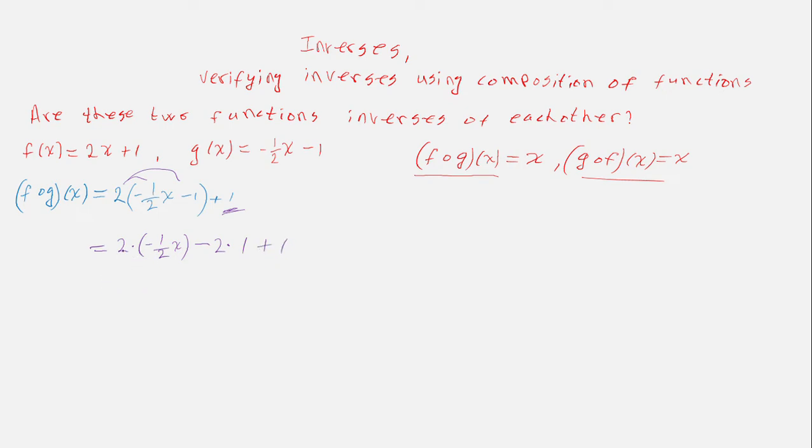So what happens here is 2 times negative 1/2 is negative 1, so we have negative x, and then this here would be negative 2, so minus 2, and then we still have plus 1. So this is equal to negative x minus 1 when you combine these two terms, right?